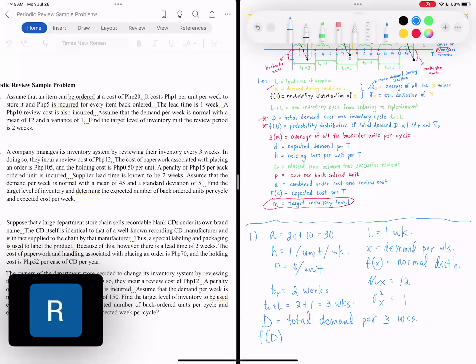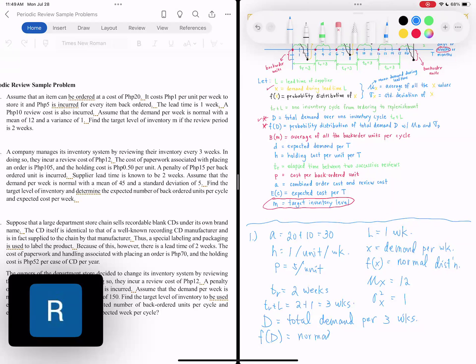That probability distribution will follow whatever probability distribution is given to you. So if f of x, the demand per 1 week, is normal, then by convolution, f of D is also normal.